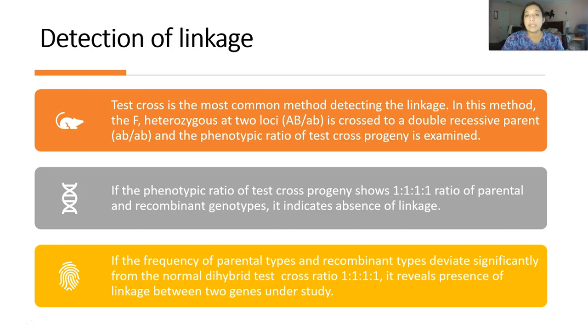If the phenotypic ratio of our progeny is 1 to 1 to 1 to 1 between all of them, parents and recombinants, then it's going to follow Mendelian genetics and there is no linkage. However, if your numbers are different than that 1 to 1 to 1 to 1 ratio, if they're not all equal, if it's not 50-50, then that indicates the presence of some type of linkage. And how linked they are is going to depend on the recombination frequency, based on all those factors we just talked about.